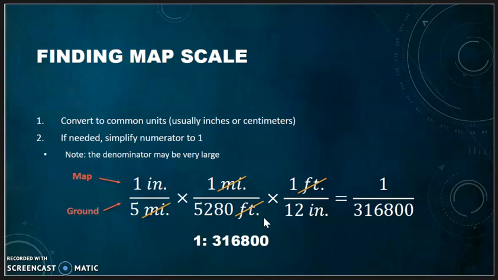So 5 times 5,280 is 26,400 times 12 equals 316,800. So if we were thinking about this in inches, which is what we've converted it to, 1 inch on the map is going to equal 316,800 inches on the ground.